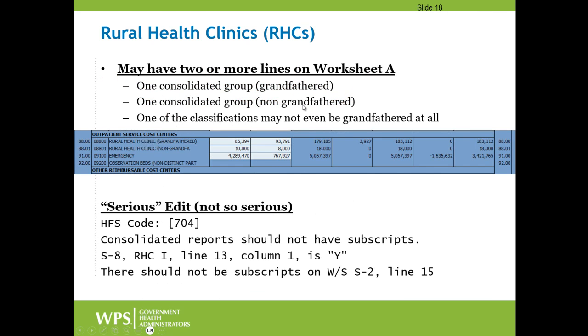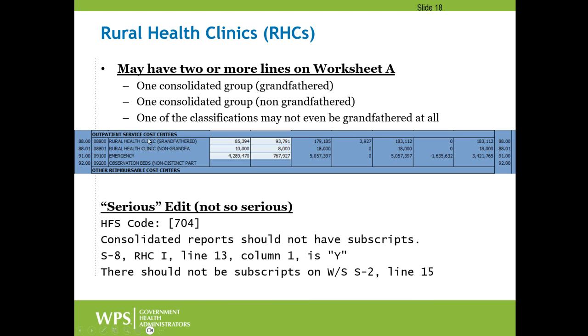So you might have 2 or more lines on worksheet A. You might potentially have a consolidated group of grandfathered, a consolidated group of non-grandfathered. You might even decide for one of your groups not to bother consolidating them at all. That's fine. There's nothing wrong with that. It's not all or nothing anymore.